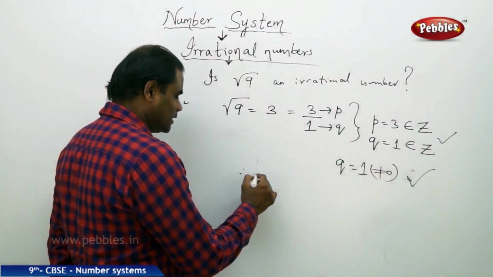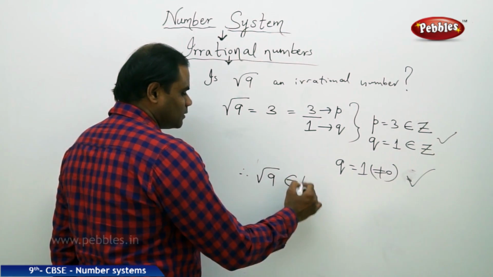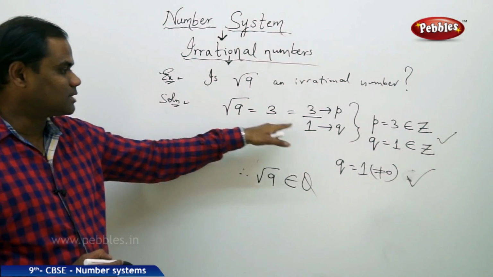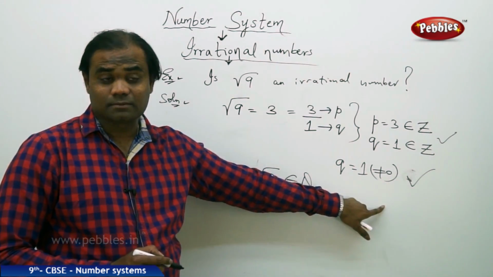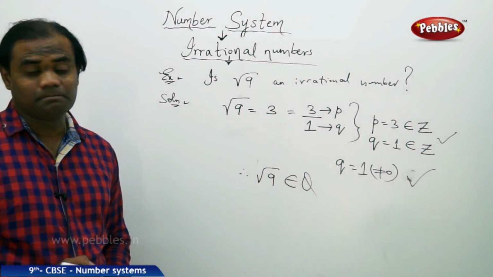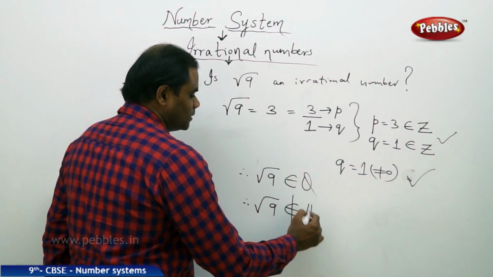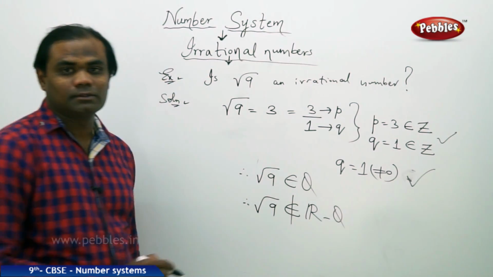Therefore, I clearly understand root 9 is a rational number, because root 9, indirectly expressed as 3, passes the two tests. It is a rational number, and therefore root 9 cannot be an irrational number.